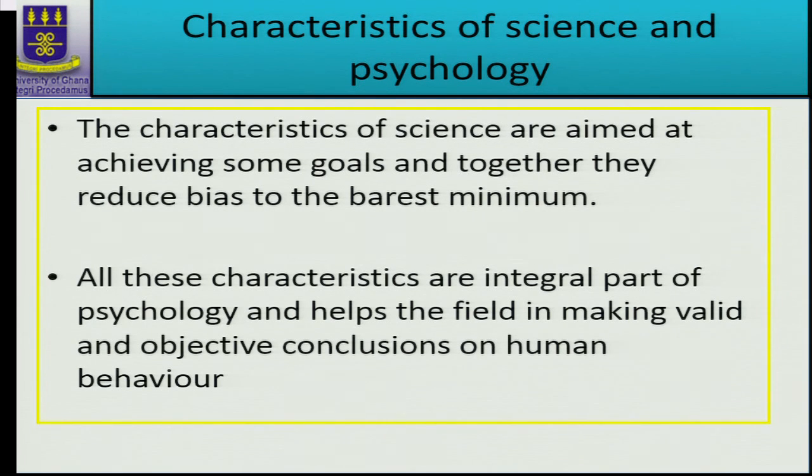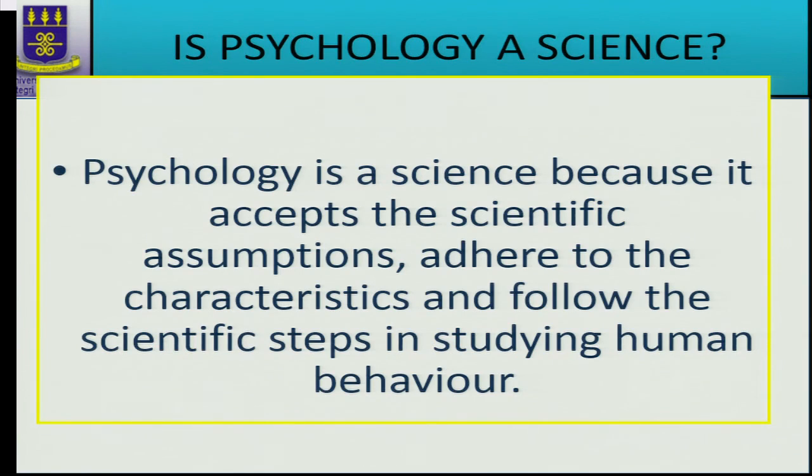So all these characteristics are integral part of psychology and helps the field in making valid and objective conclusions on human behavior. So psychology is a science because it accepts the scientific assumptions, it adheres to the characteristics, it follows the scientific steps in studying human behavior.